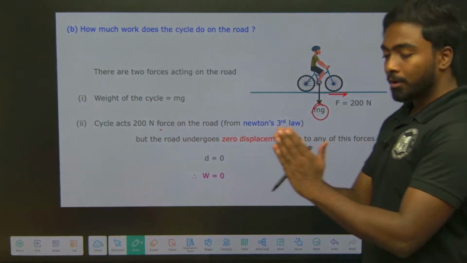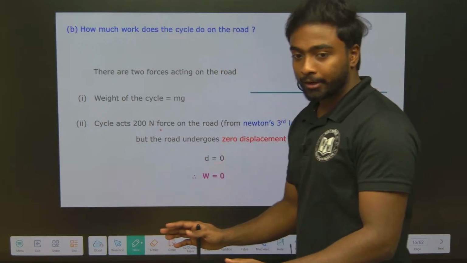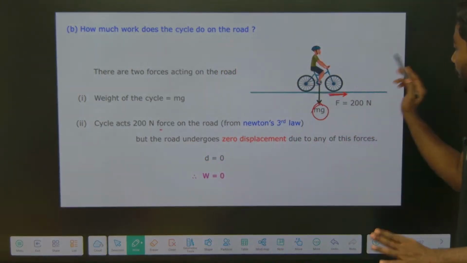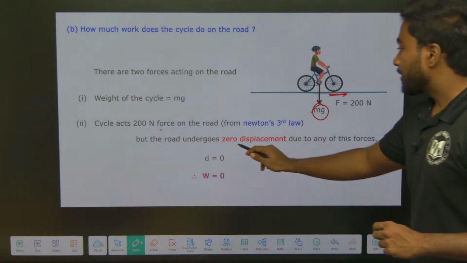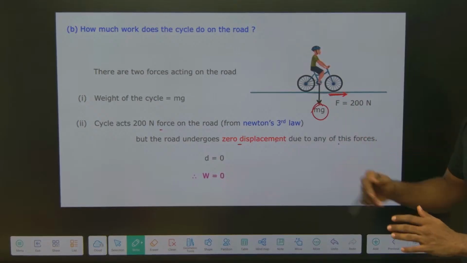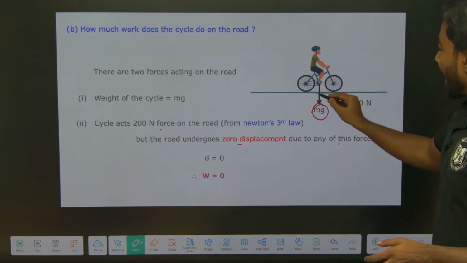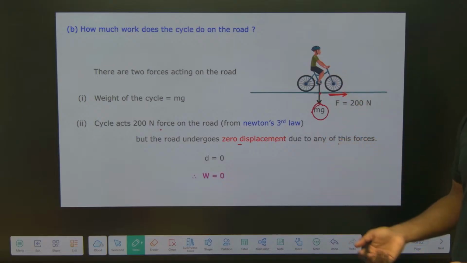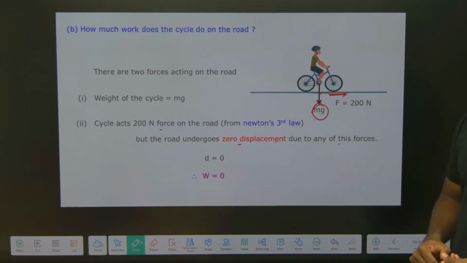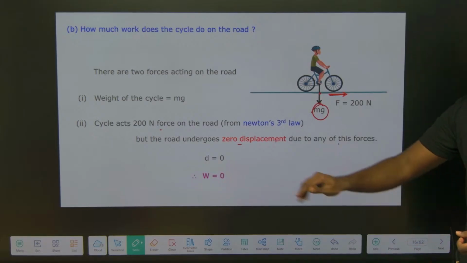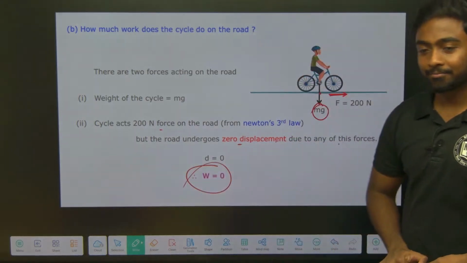So I am going with one force, and the opposing force is 200 Newton. But the road undergoes zero displacement due to any of these forces, right? Yes or no? Any of these forces, the displacement will be 0, so work done will be 0. Got it?